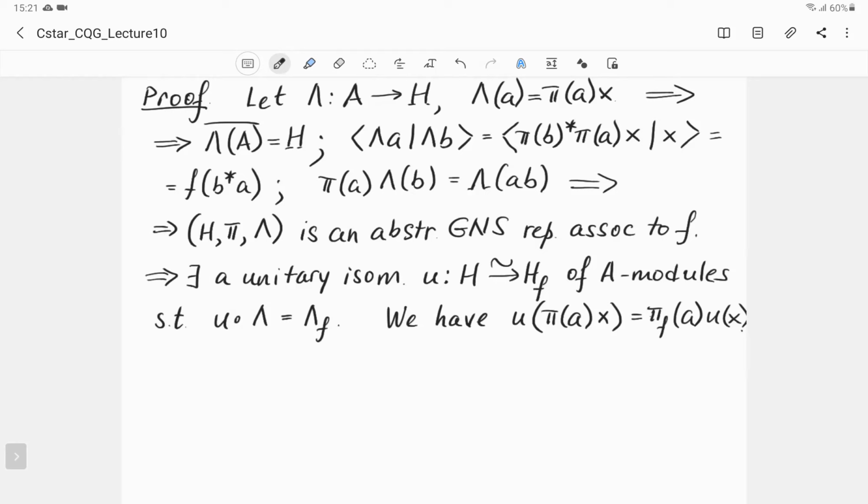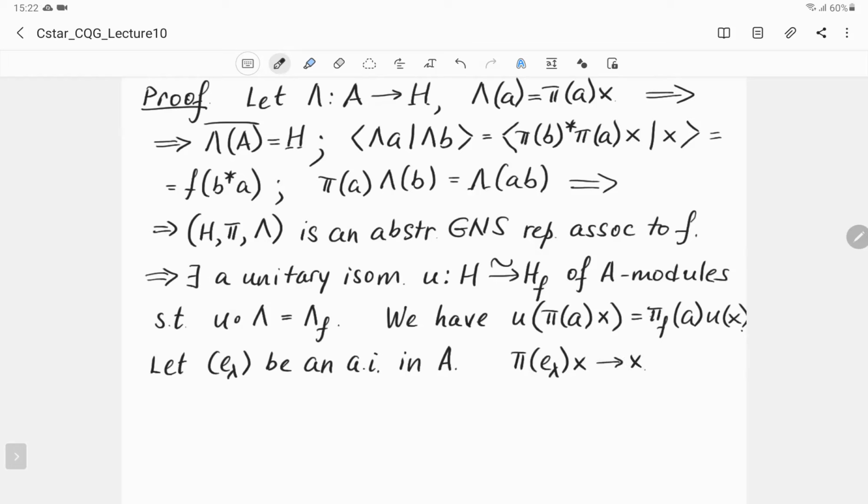And we choose an approximate identity. So let e_lambda be an approximate identity in A. Okay, so we know that pi of e_lambda x goes to x.